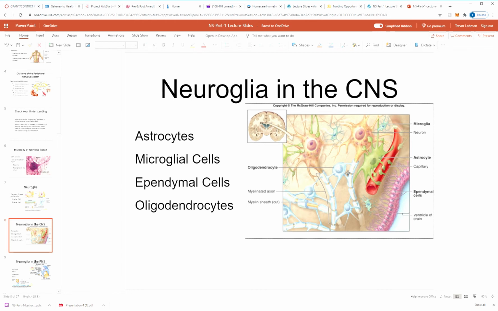Okay, so the astrocyte is in green, and you can see, I don't know if you can see my cursor in this recording or not, but it's hugging the capillary. So you have this green starfish cell hugging the capillary, and you also see that it's connected to the cell body of the neuron. This is the neuron right here.